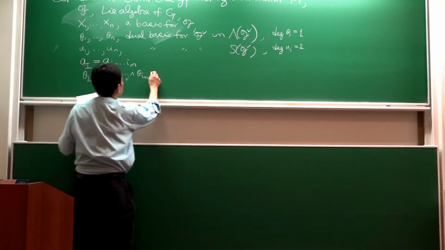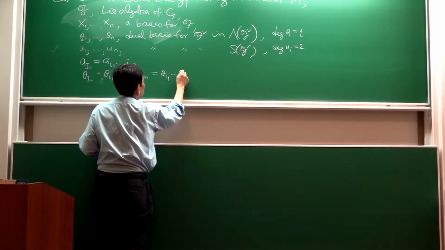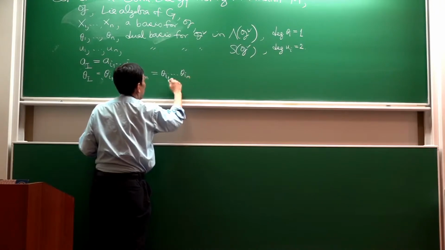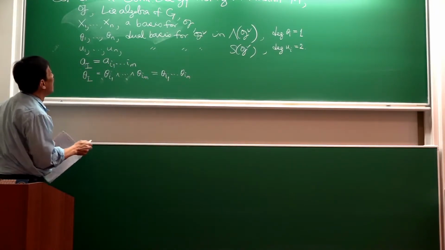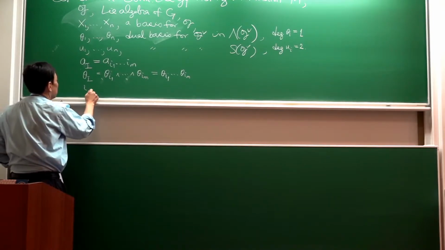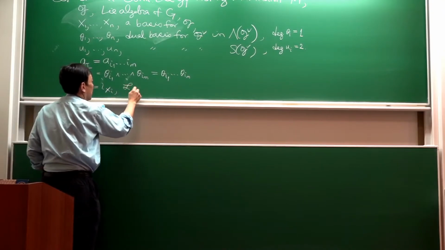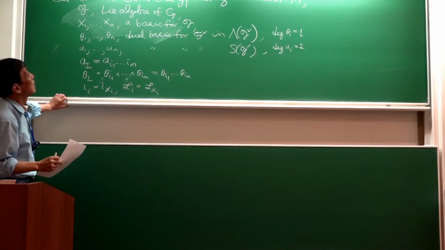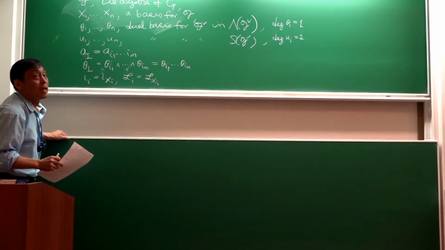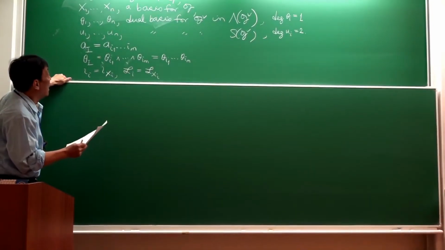And often I will omit the wedge sign, so I will just write that as theta i1 to theta im. And then i sub i is i sub xi, L sub i is L sub xi. Okay. So that's the notation.